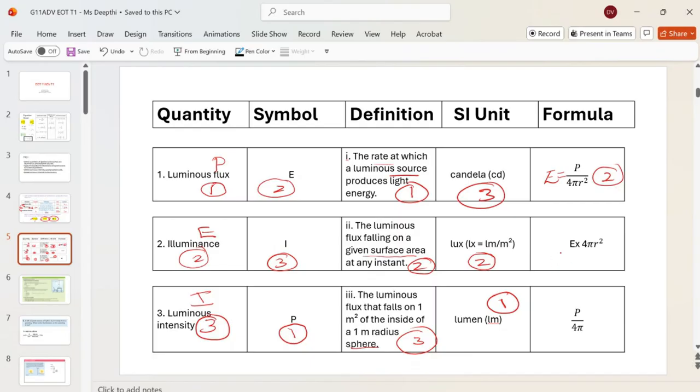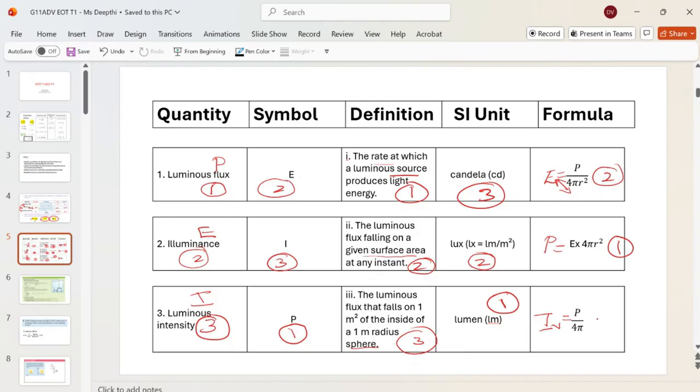Now, when you rearrange this equation, E multiplied by 4 pi r square gives the P, isn't it? So rearranging gives P. So that is the equation for the flux. So that's going to be number 1. And the formula for IV, which is not in your equation sheet, is P by 4 pi. 4 pi means the solid angle on which light falls.